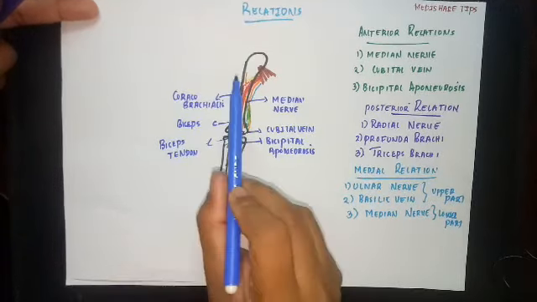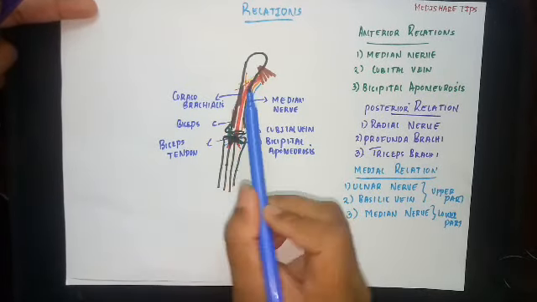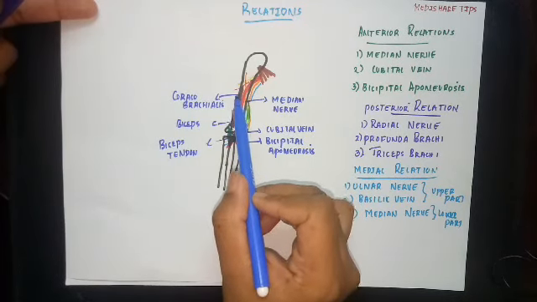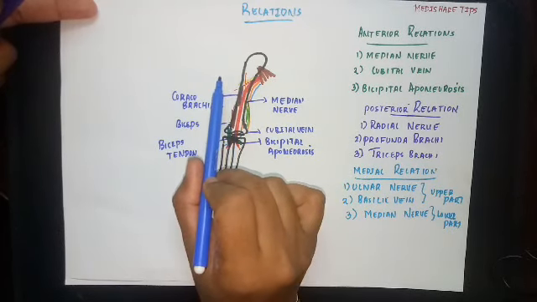Besides this, you can see that the median nerve in the upper part is lateral to the artery. It comes to the medial aspect of the artery only after crossing the artery. So in the upper part, the median nerve is lateral to the artery.